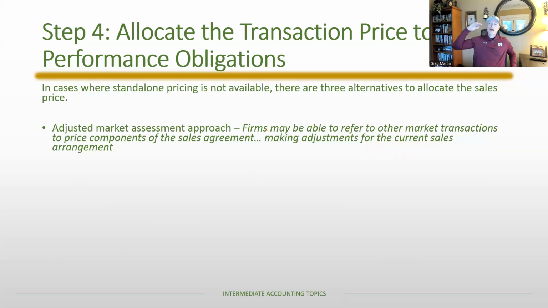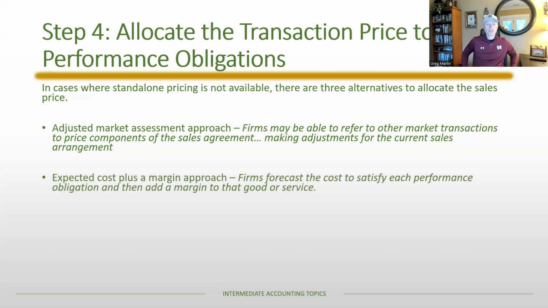So I may have some other transaction where I can say, for every single one of these items, I have other transactions I can point to say exactly how much each one is worth on its own. So essentially what you're doing is developing an estimate of the standalone price in that particular case. And if you actually have standalone pricing, this is the same method that we use. And I'm going to talk about that a little bit.